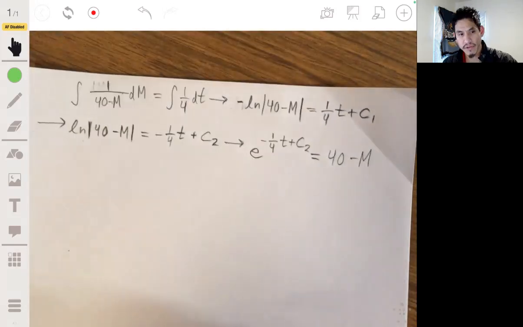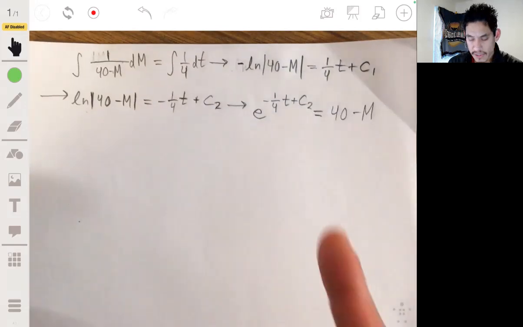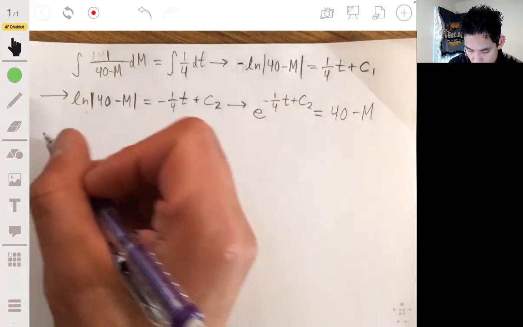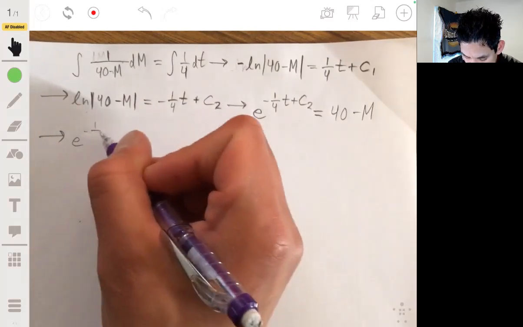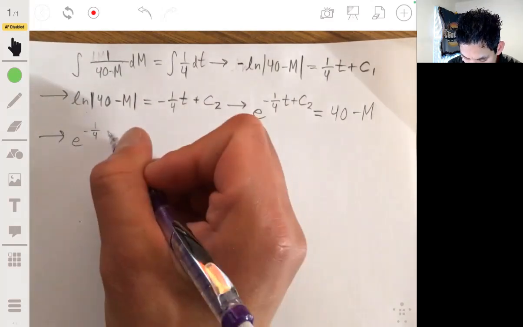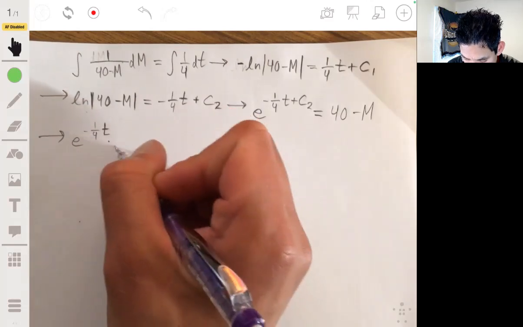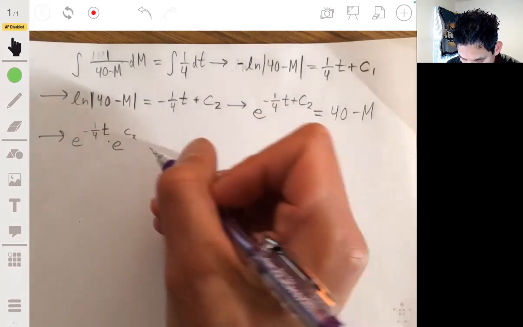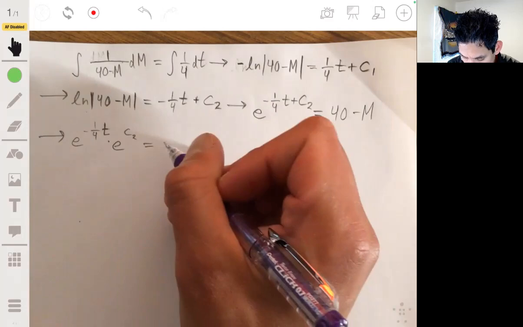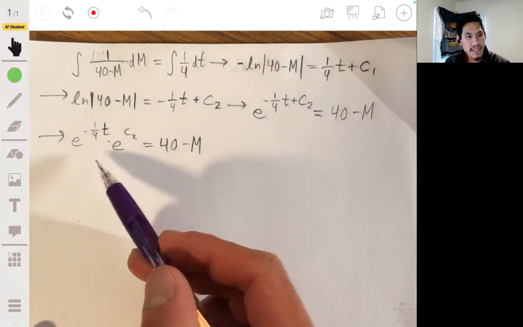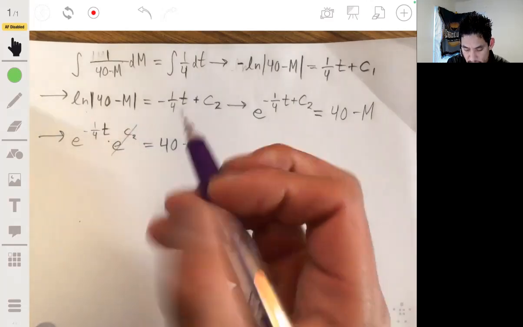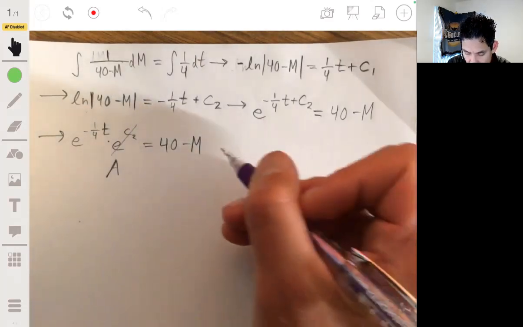Now I'm solving this for m. This can be rewritten as e to the negative 1/4 t times e to the c2 equals 40 minus m, and e to the c2, e to some number, is just some other constant.